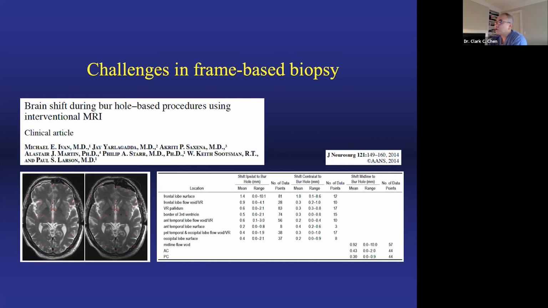And if you don't know what that shift looks like and accommodate it in your trajectory, you could very simply miss a small lesion without realizing that you missed it if you can't visualize where your needle is relative to the lesion.